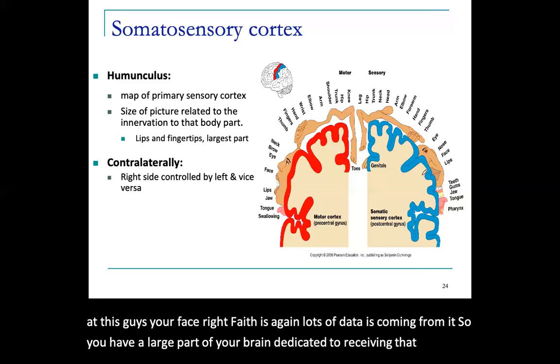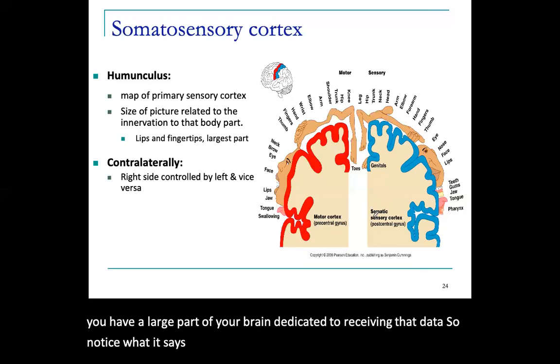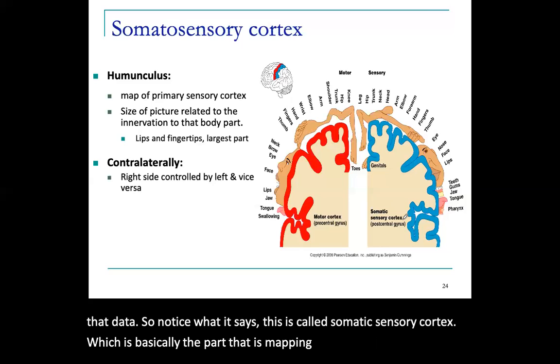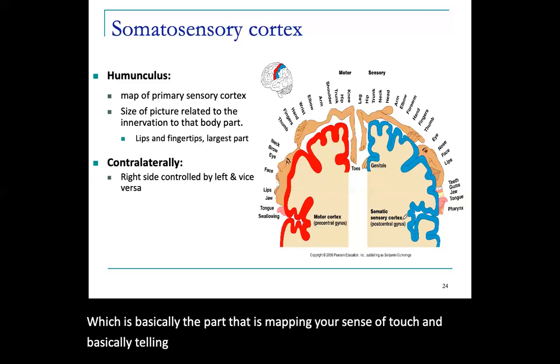So notice what it says. This is called the somatic sensory cortex, which is the part mapping your sense of touch and telling you what part of the brain is receiving your sense of touch data.